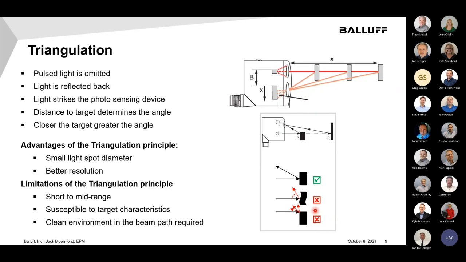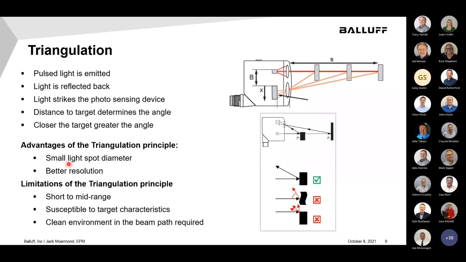It hits the photo sensing device, and then what we do is we actually measure the angle for where the light reflects back onto the sensing device. So the greater the angle, the closer to the device; the farther the device, the smaller the angle. Some advantages to triangulation is the fact that you get better resolution.